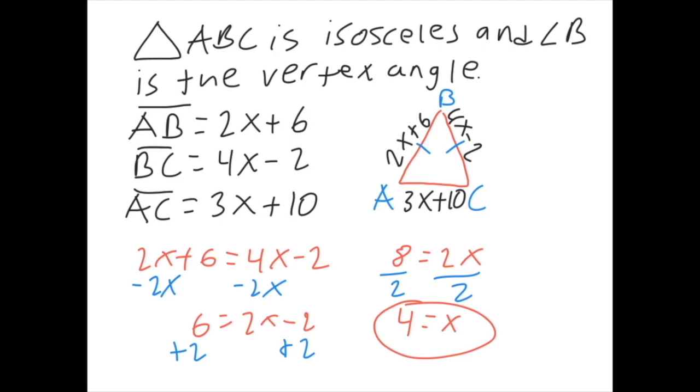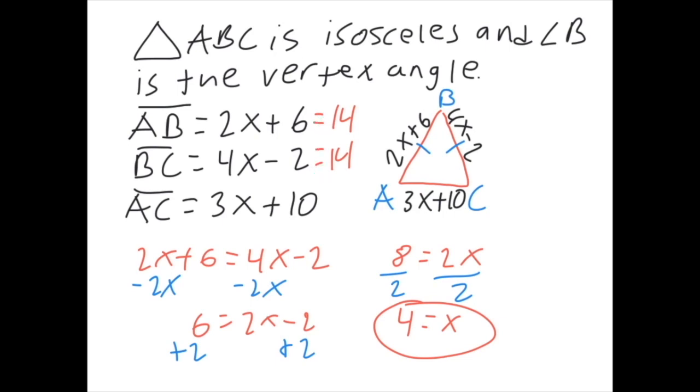So now that we know x is 4, plug it back into what we had. So 2x, so 2 times 4 is 8, plus 6 is 14. 4 times 4 is 16, minus 2 is 14, which it should be because we originally said that these two are equal, so they should come out to the same thing.